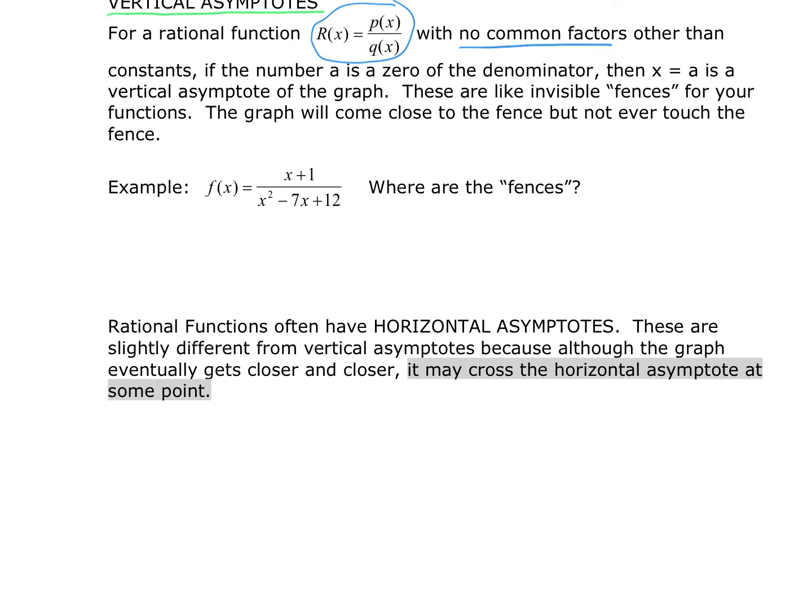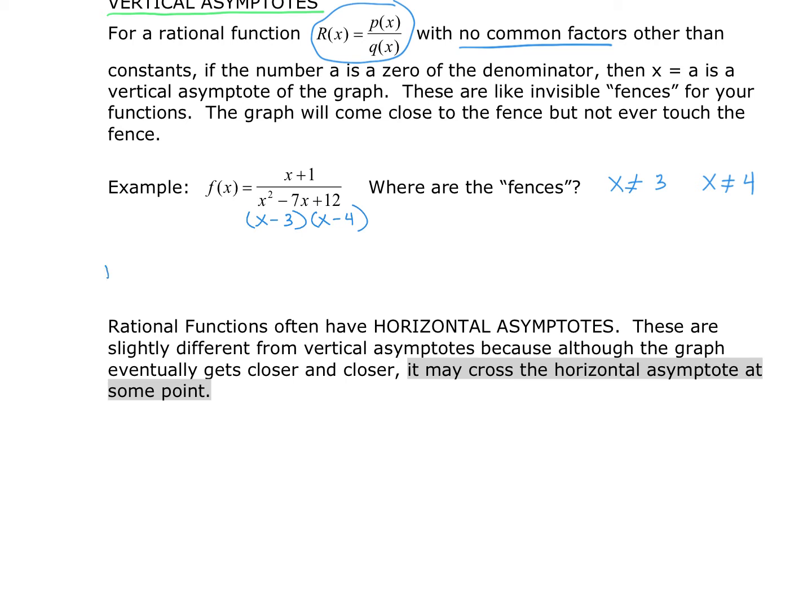So for this first example, if we wanted to know where these fences are, we look at our denominator, which does factor, and we say x cannot be 3 and x cannot be 4, because those are the values that are going to cause the denominator to be 0.